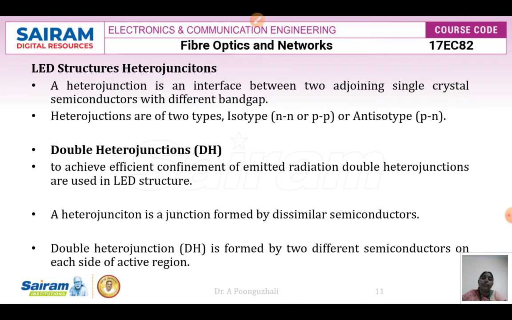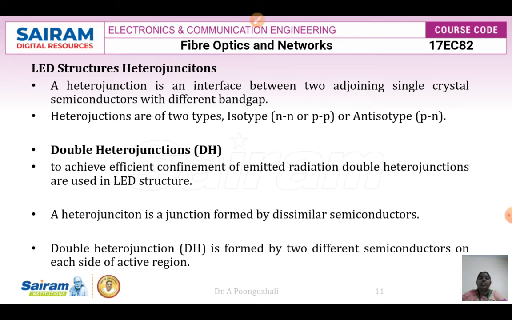Anisotype means different materials, where we use P and N type material. Why we go for the double heterojunction structure is to achieve efficient confinement of the emitted radiation. The confinement of the emitted radiation is very important, so for that we go for the double heterojunction structure in LEDs.